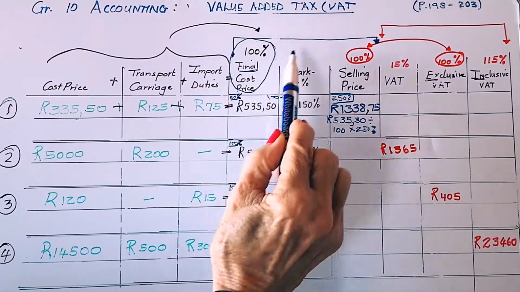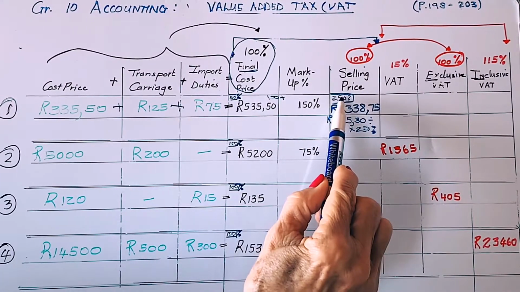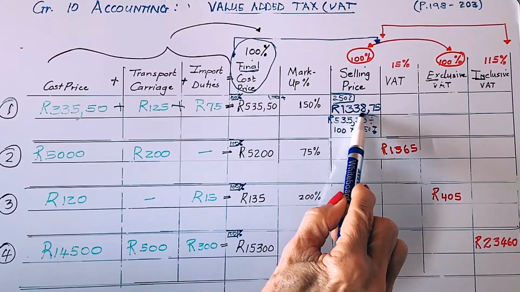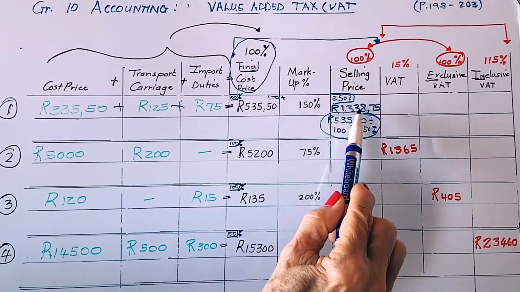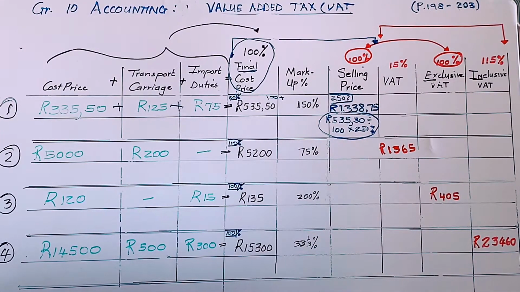To work from my cost price to calculate my selling price, I follow my normal procedure, and there's the calculation, and it gave me the amount of R1,338.75.